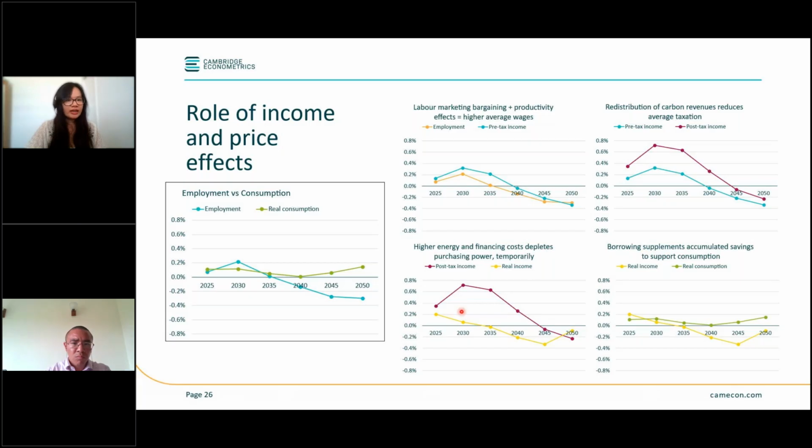On the other hand, if we compare post-tax income and real income, which is where we have accounted for the effect of inflation, we see that much of that positive impact on pre-tax incomes becomes very small, and initially the gap is quite large.